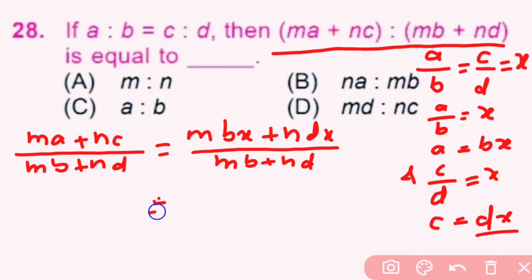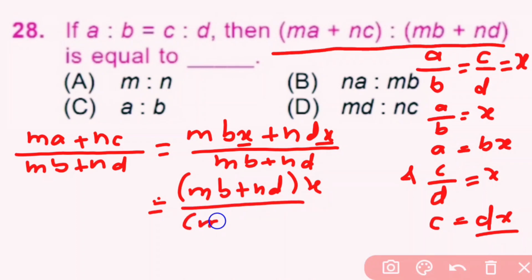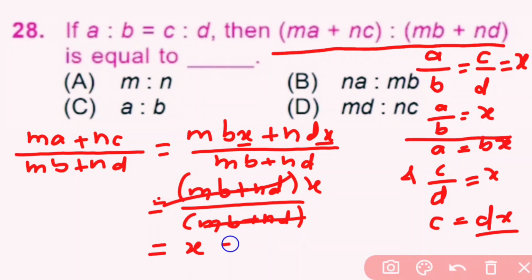Now here we take X common. MB plus ND into X, and MB plus ND. Now this gets cancelled, so it is equal to X. And X is what? X is equal to A by B. So it is also written as A is to B. So here C is the correct answer.